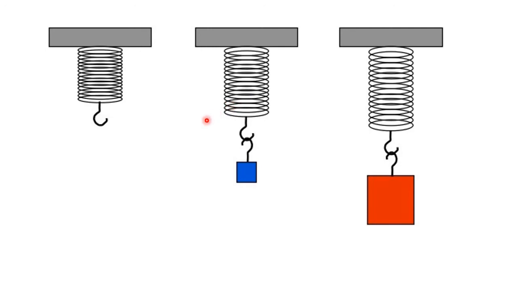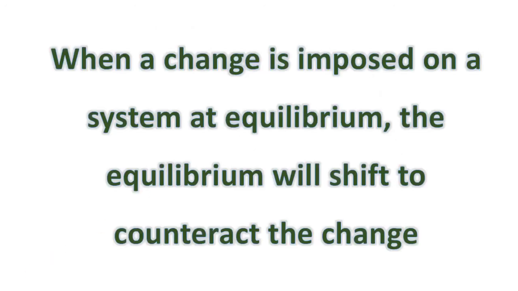Before proceeding to see the impact of Le Chatelier's principle on chemical equations, let's see what the principle states: when a change is imposed on a system at equilibrium, the equilibrium will shift to counteract the change. I'll repeat. When a change is imposed on a system at equilibrium, the equilibrium will shift to counteract the change.